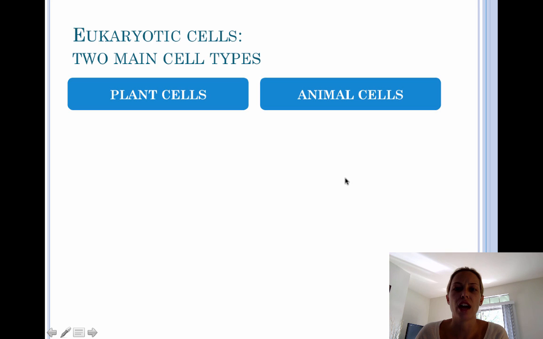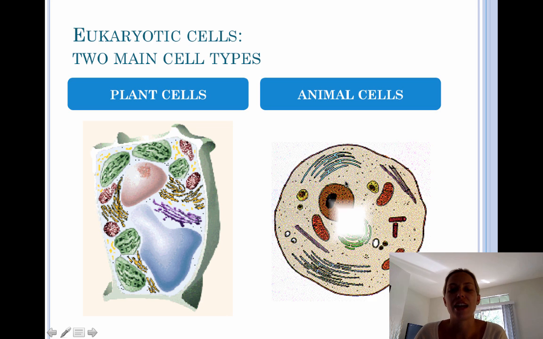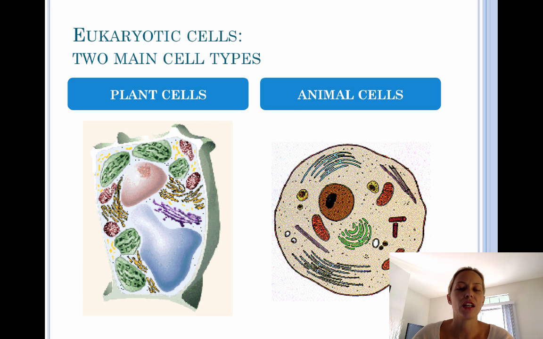So let's take a look at our two main eukaryotic cell types, so plant cells and animal cells. You will be asked to distinguish between plant and animal cells, and the first way to do that is to take a look at their shape. We'll notice that plant cells are rectangular or square in shape, whereas animal cells are circular or irregular in shape.